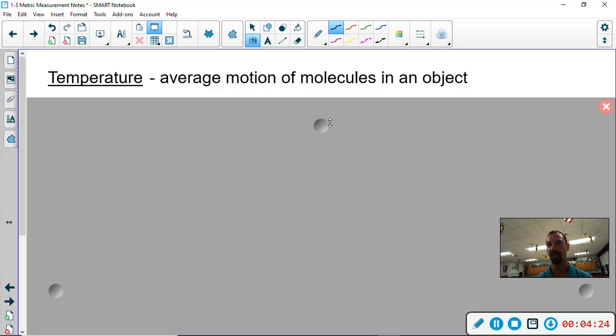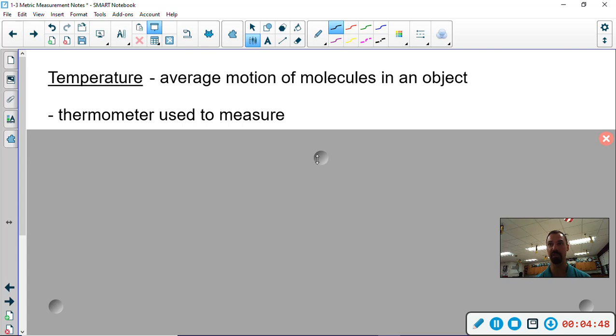We also have temperature, which is the average motion of the molecules in an object. So when we're cold, that means molecules are hitting our skin less often each second. That's why we feel cold. If we're hot, that's because the molecules are bouncing around fast and hitting our skin more often. And that's why we feel warm.